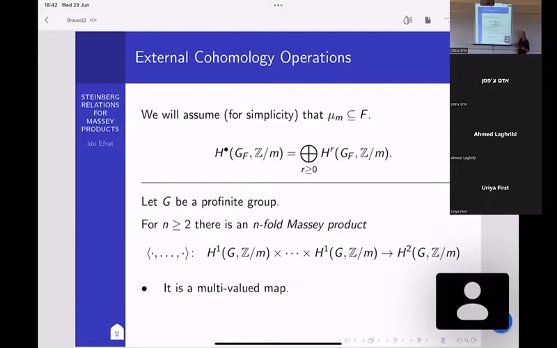It's a multi-valued map. That is, if you take the Massey product of n elements here, it is not an element of H2, but a subset of H2, which sometimes is even empty. In the special case where n equals 2, this set consists exactly of the cup product. So you can think about the Massey product as a very big generalization of the cup product structure in this cohomology.